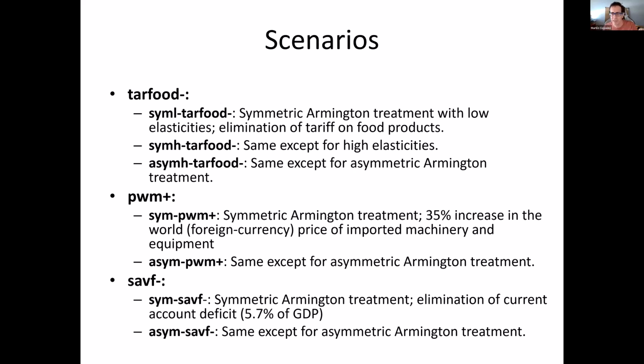Then we have a scenario in which we increase the import price of machinery and equipment, which, as we saw before, is a huge sector in terms of imports for Mongolia. And then we have another scenario in which we eliminate the current account deficit. But again, I will be focusing on the first one.